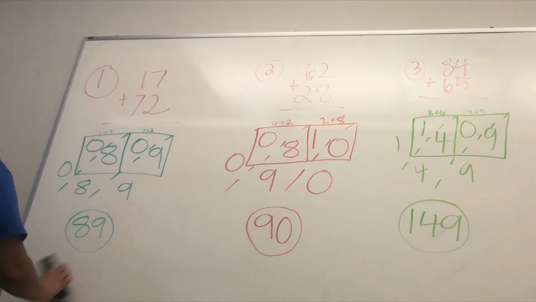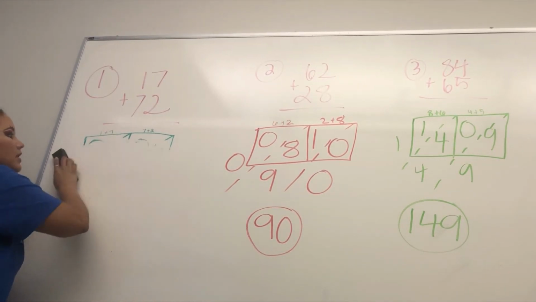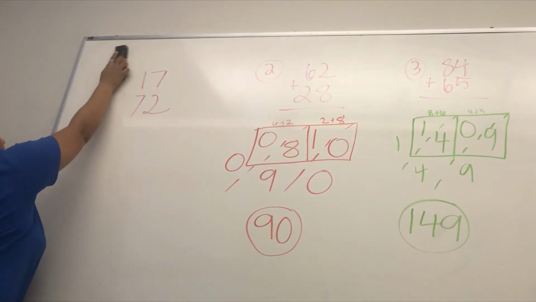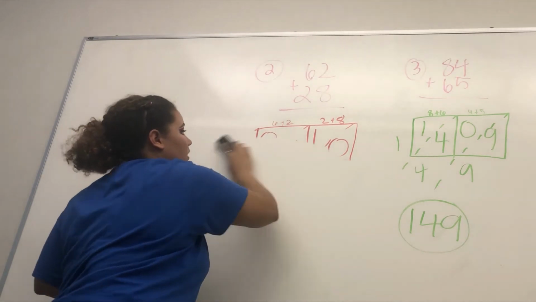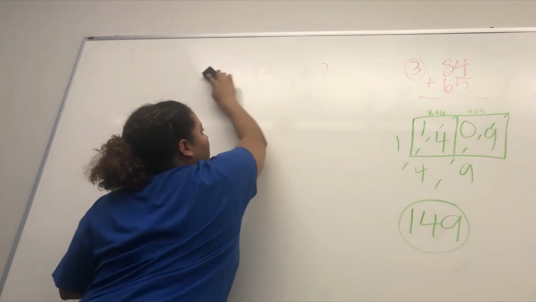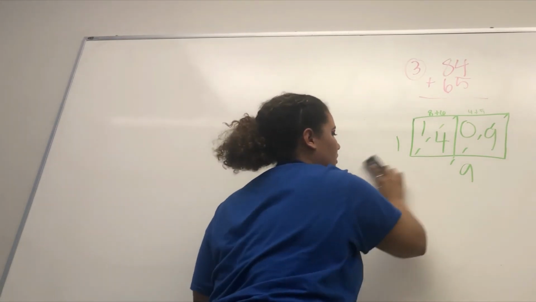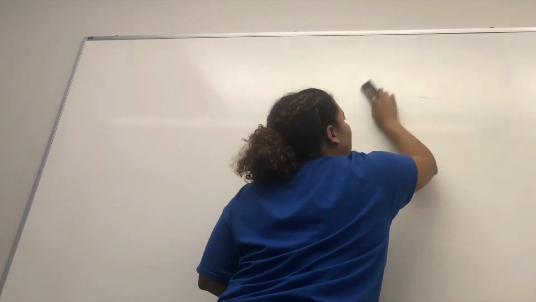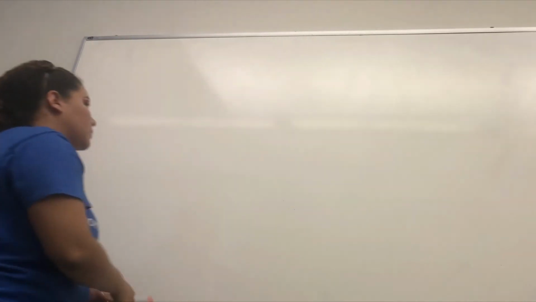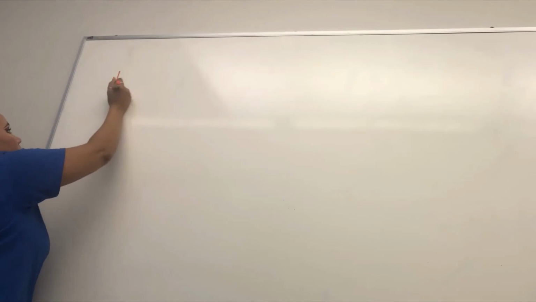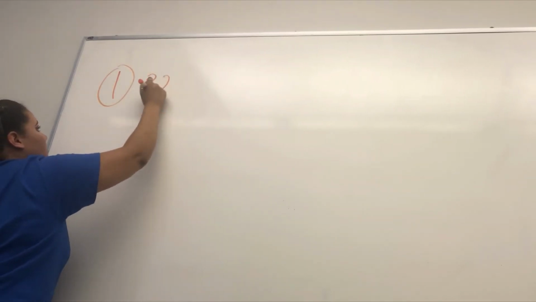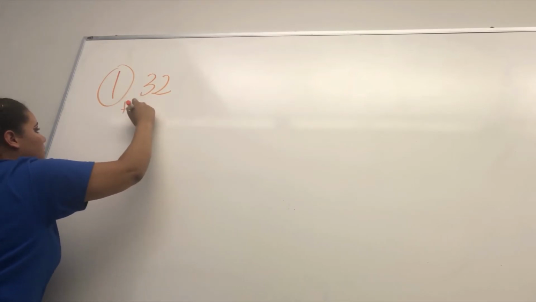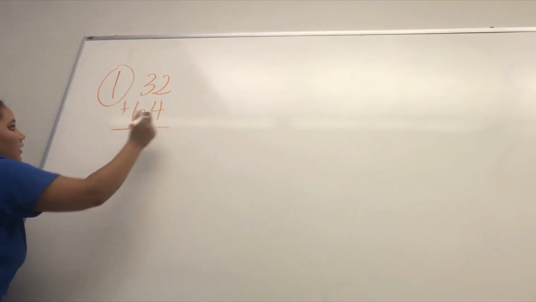Okay, now that everybody's written down, I'm gonna erase this, and I'm gonna write down your homework problems. Write them in your journal so you can bring them tomorrow. Okay, we have 6 problems. So 1 is going to be 32 plus 64.